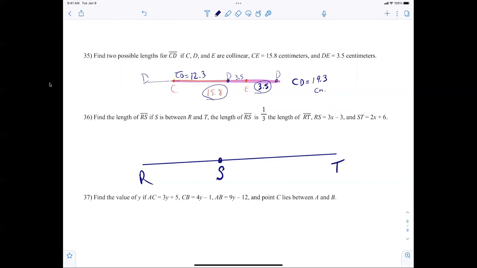And it says the length of RS is 1/3 the length of RT. And then it says that RS is 3x minus 3, and ST is 2x plus 6. Okay, so I need some help here. How do I figure this out?